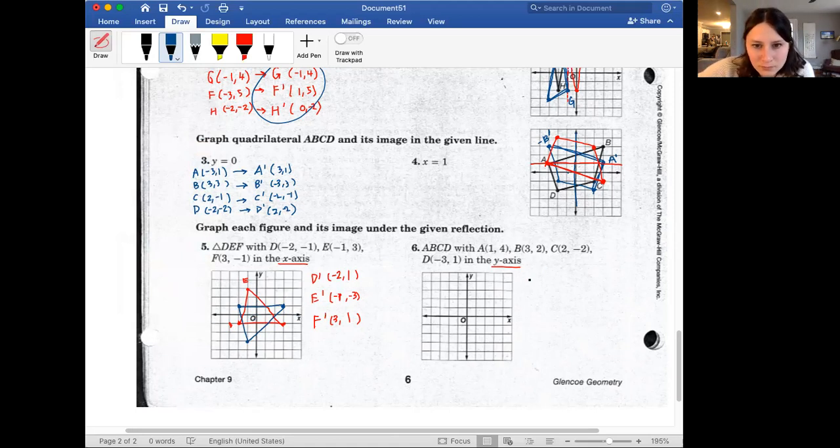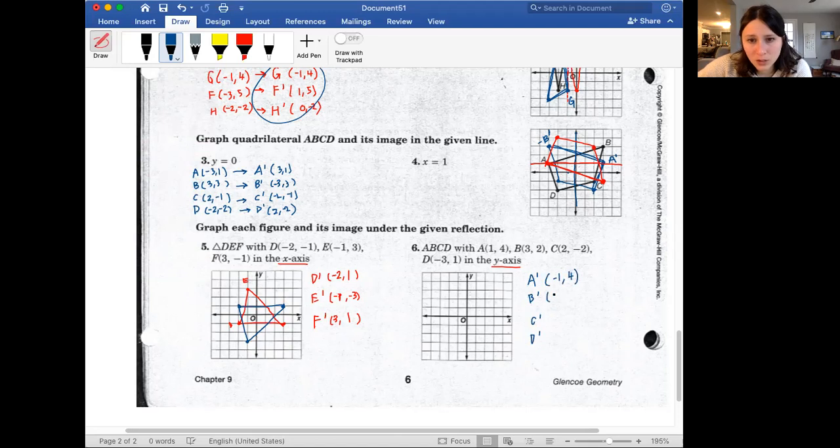Okay, number 6. When you reflect your images over the y-axis, the x position becomes the opposite. So you can pause and work this out.